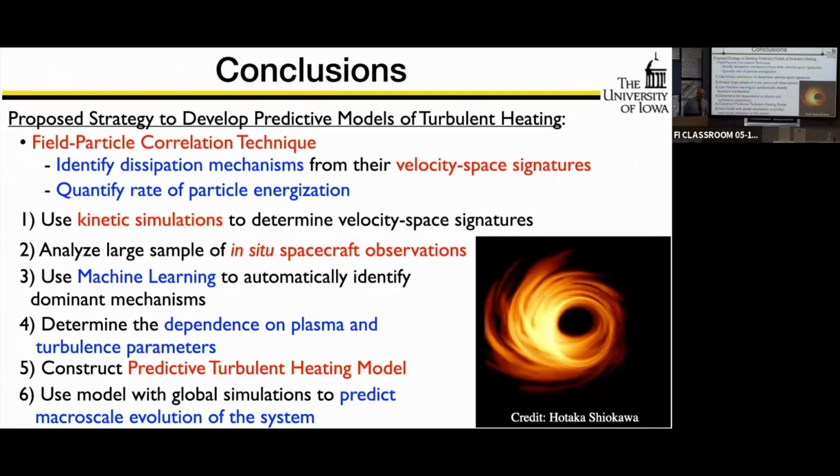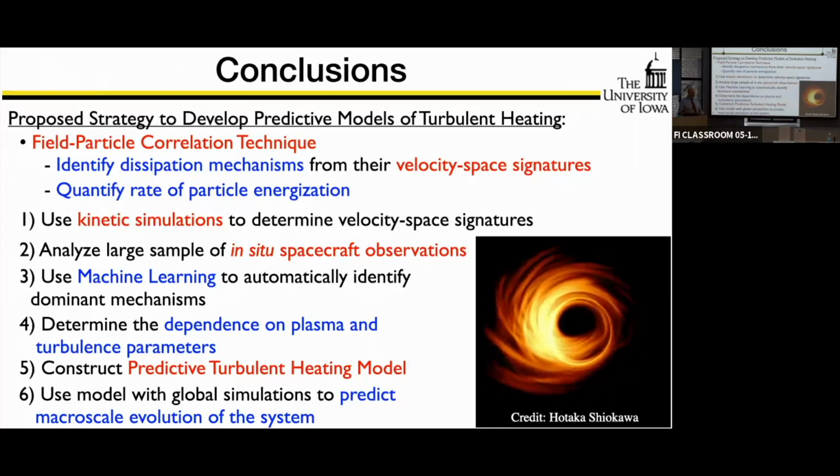Yeah, intermittency, of course, happens. If you actually look at numerical simulations, because you can just look at J·E, which is the rate of work done by the electric field as a function of space, you see that it's not at all uniform. It's very localized in various places. And so this field-particle correlation technique is a local technique.